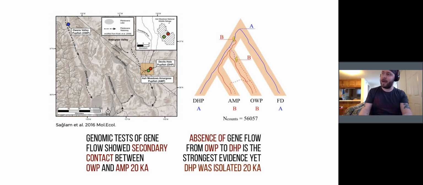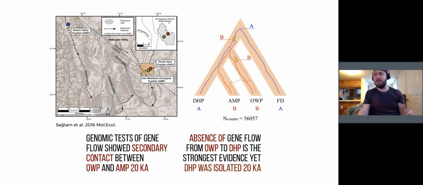But if you have a mutation that occurred here, for example, in this branch, the only way that you see this mutation in these A and B populations is if there's migration. If there's ancestral polymorphism, you can see that mutation anywhere. You can see that pattern of diversity in any of these. But if there's a novel mutation here, the only way that this novel mutation that occurred in this branch could spread to these populations after they've diverged is by migration.